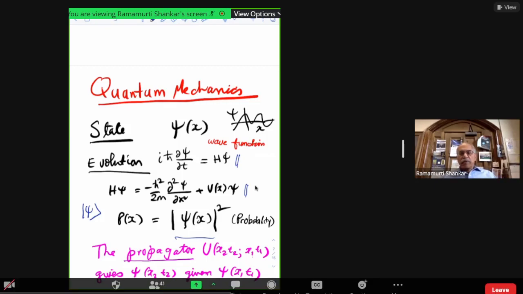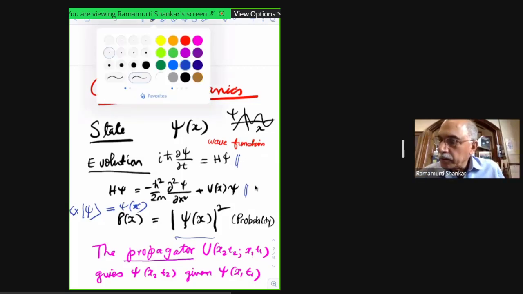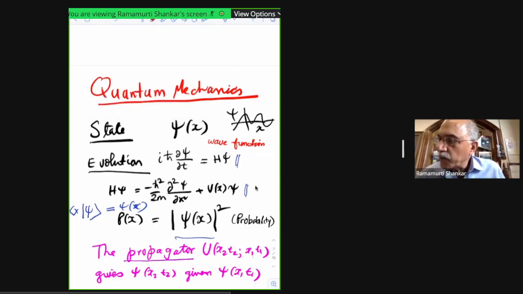Then the vector will have components vx, vy, and vz. Similarly, psi is a vector without choosing a basis. But if you use the eigenbasis of the x operator and project it on that, that is what psi of x is. Obviously, I have to assume you're familiar with that. I cannot go into that now. So if you want, I can write this more abstractly this way.